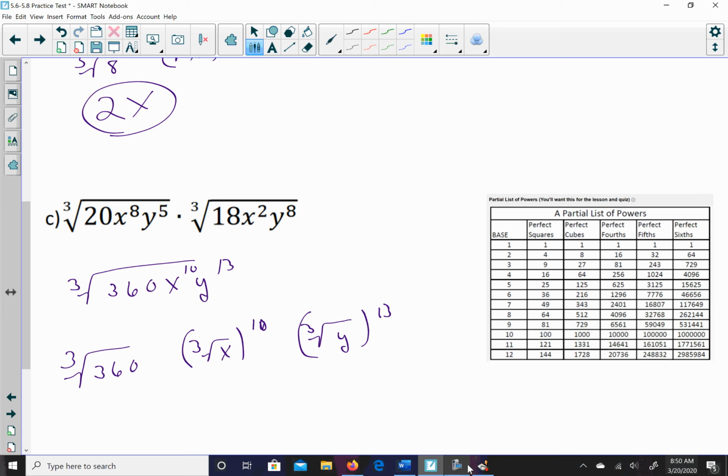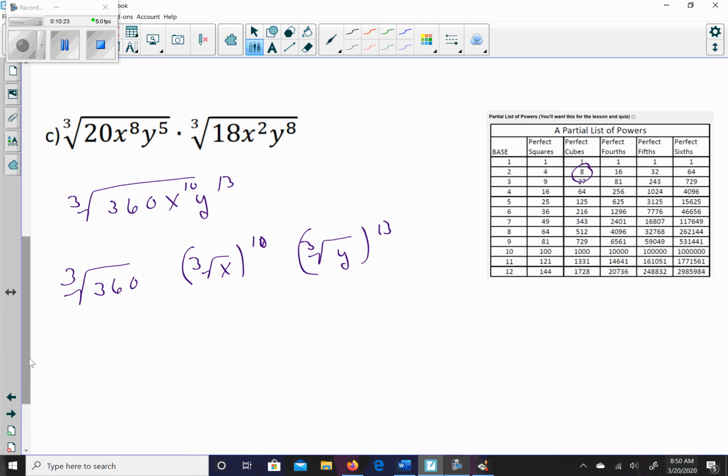Okay, I misspoke. When I'm looking at my perfect cubes, I have 360. I would start with 216. That doesn't divide in. 125 doesn't divide in evenly. 64 doesn't. 27. The first one that works is 8. So when I divide 360 by 8, I get 45.